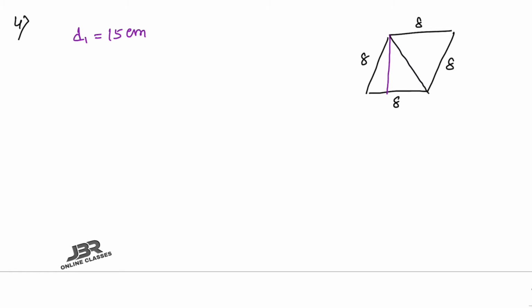And here the perpendicular value is 5.25. So suppose h is the perpendicular, it's 5.25 centimeters.